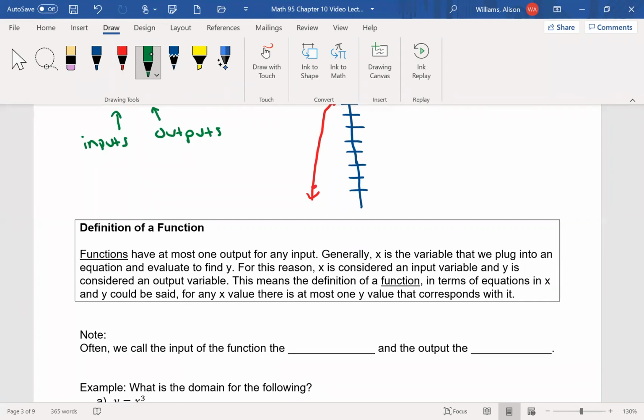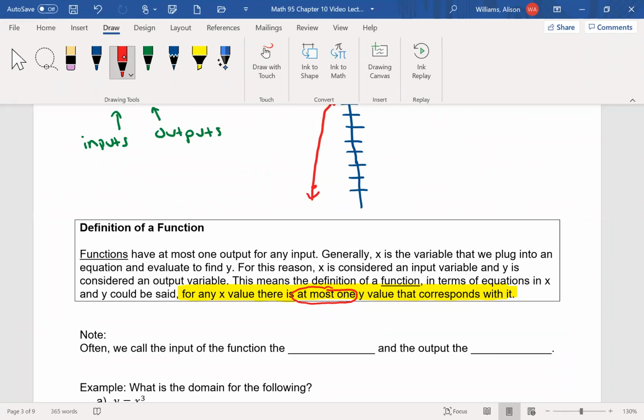So the definition is, for any X value, there is at most one Y value that corresponds to it. And this phrase, at most one, implies that beyond one, we have a problem. We'll talk about that in more detail when we discuss what makes something a function.